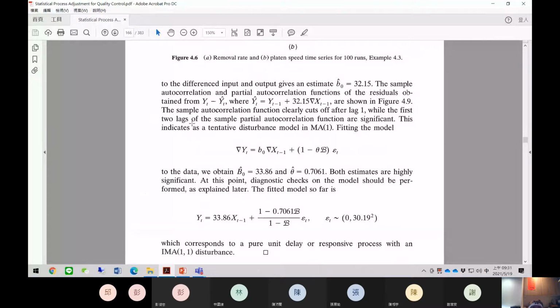While the first 2 lags of the sample partial autocorrelation are significant, they indicate a tentative disturbance MA process.